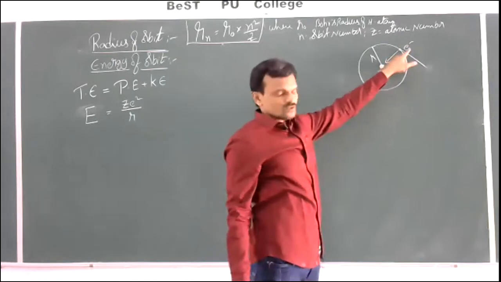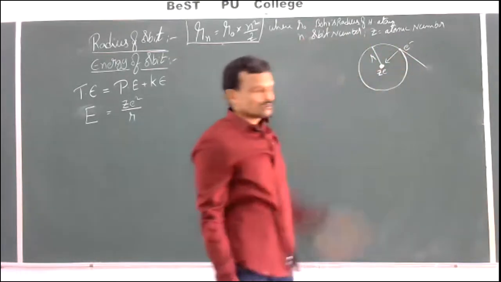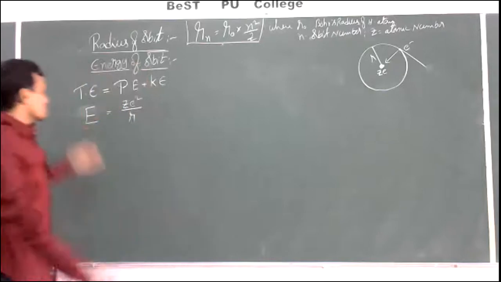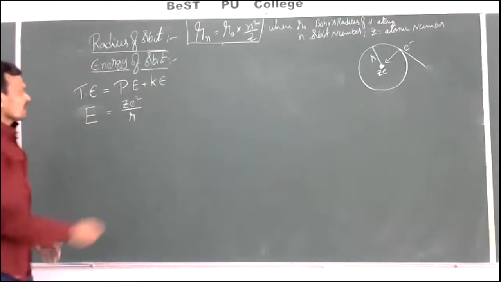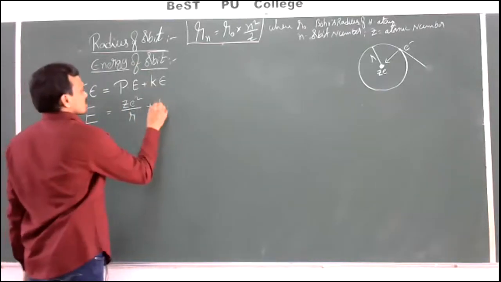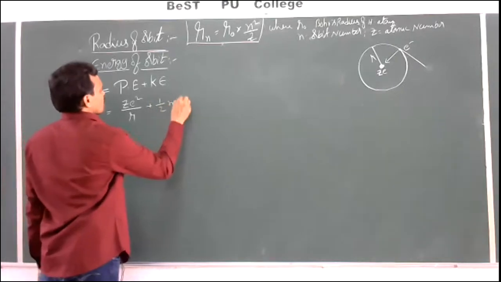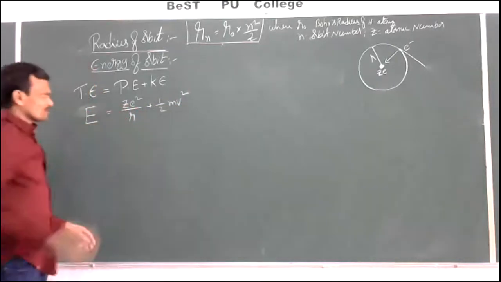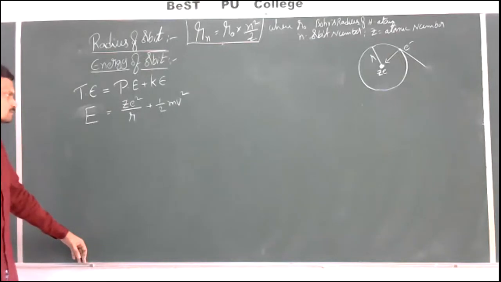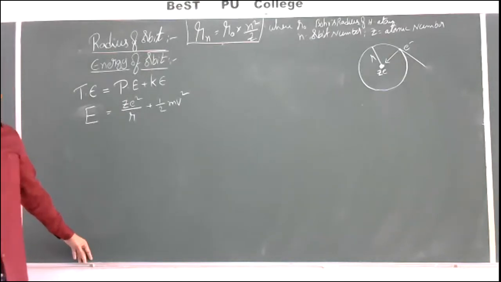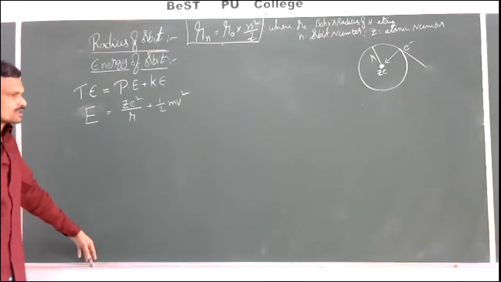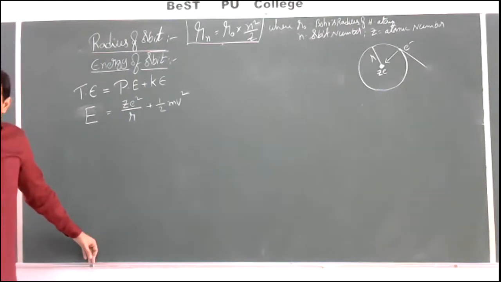So this is the expression for the potential energy of the orbit. And kinetic energy is half mv square.